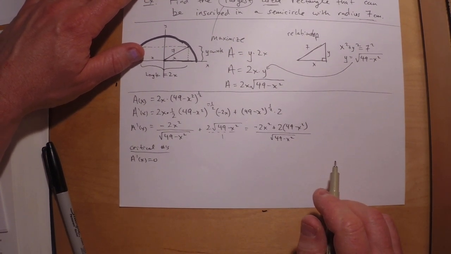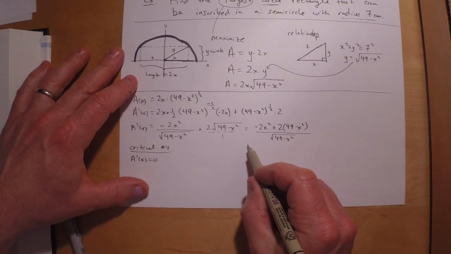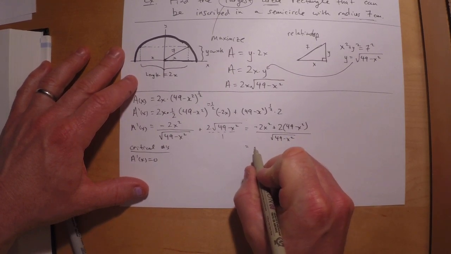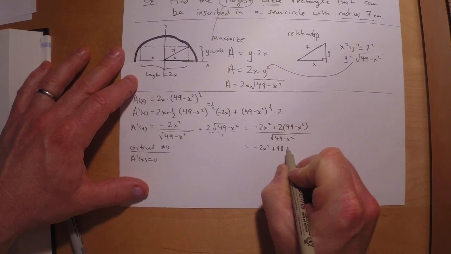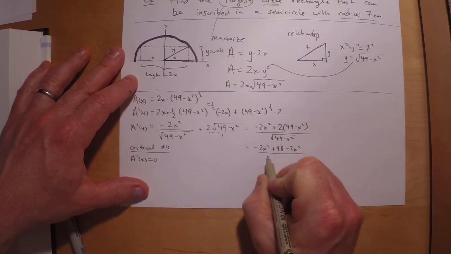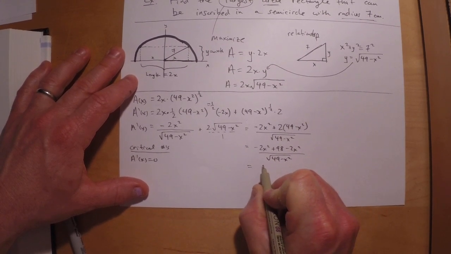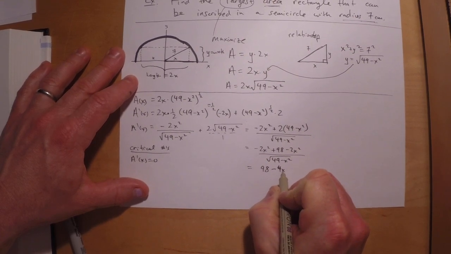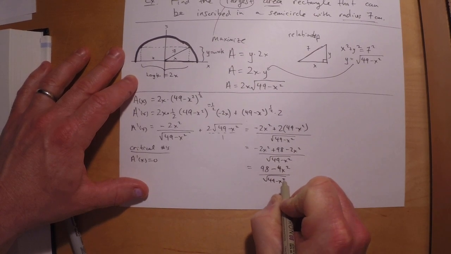And doing a little bit of cleanup on this guy, what do I end up with? Minus 2x squared plus 98 minus 2x squared. So it ends up with 98 minus 4x squared over 49 minus x squared square rooted.